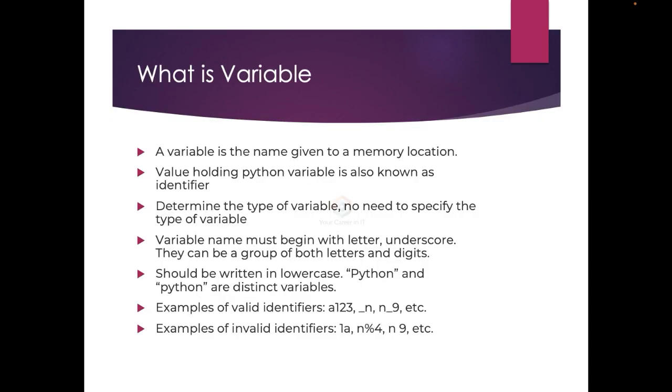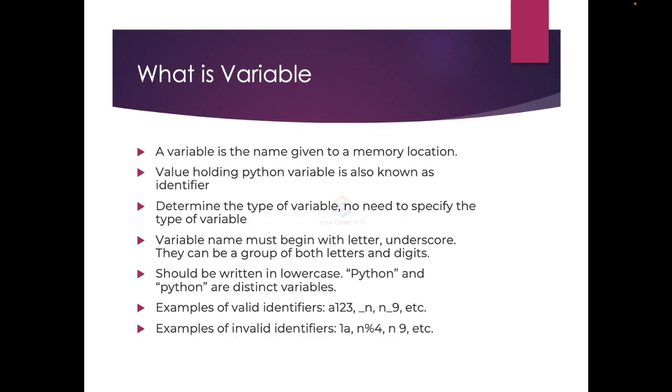Okay, so our first slide is about variables. What is a variable? In Python, a variable is like a container for storing data. A variable is the name given to a memory location. When we declare a variable, it is saved in a memory location.